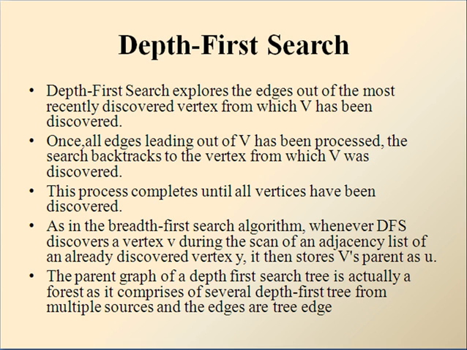As in the breadth first search algorithm, when DFS discovers a vertex V during the scan of an adjacency list of an already discovered vertex U, it then stores V's parent as U. The parent graph of a DFS search tree is actually a forest, as it comprises several depth first trees from multiple sources, and the edges are tree edges.